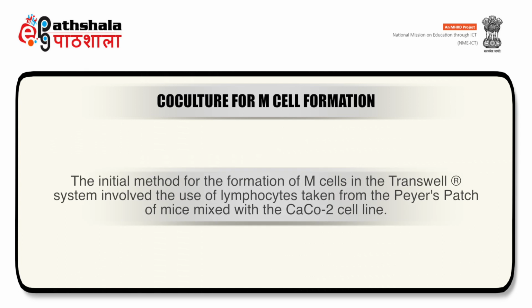The initial method for the formation of M cells in the transwell system involved the use of lymphocytes taken from the Peyer's patches of mice mixed with the Caco-2 cell line.